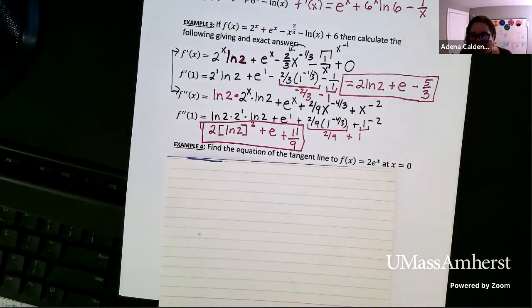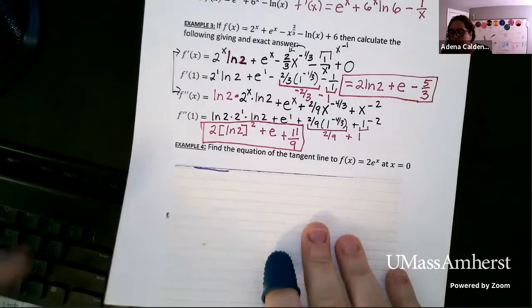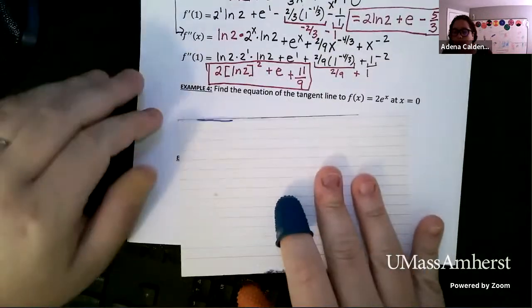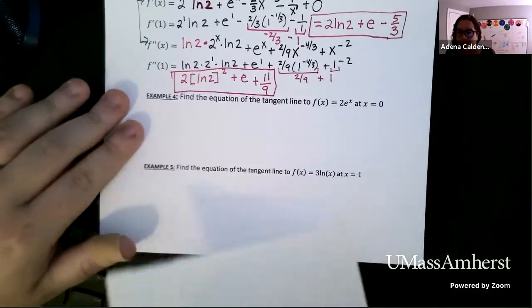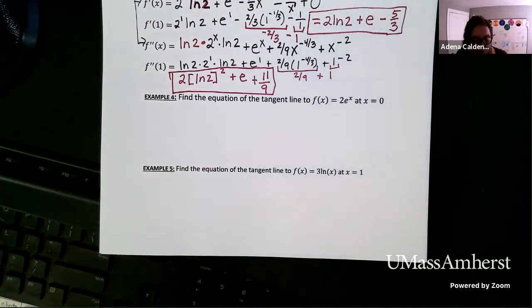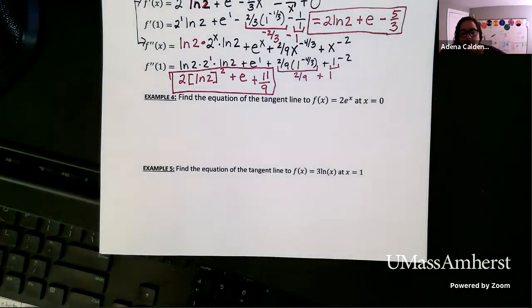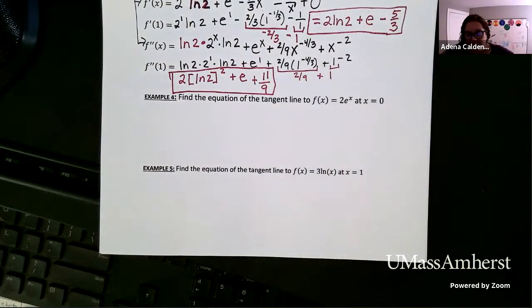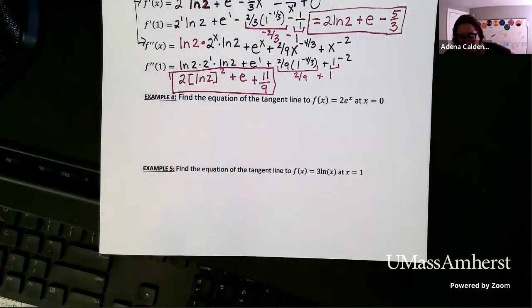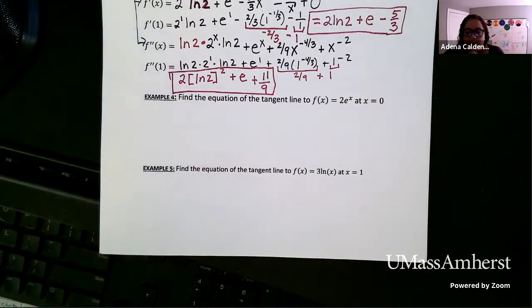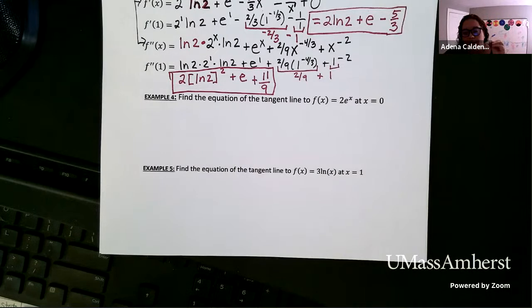Okay, so the next application, which hopefully I emphasized its importance last time, we're going to do 2 practice problems on this, is we're going to look for the equation of the tangent line, where now our functions involve exponentials and logarithms, right? So there's 2 different ones here that I'm going to have you try. And just as a reminder, in order to find the equation of the tangent line, we need a slope and a point.